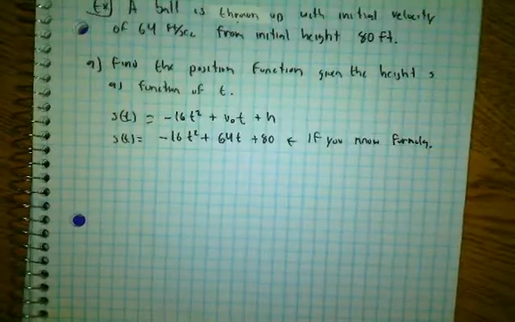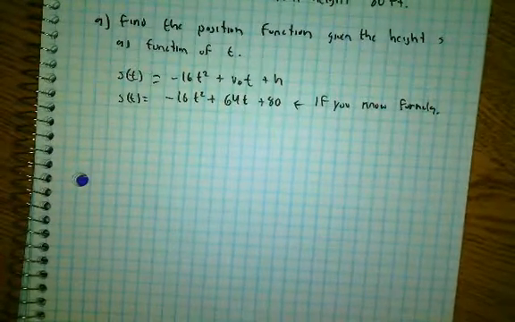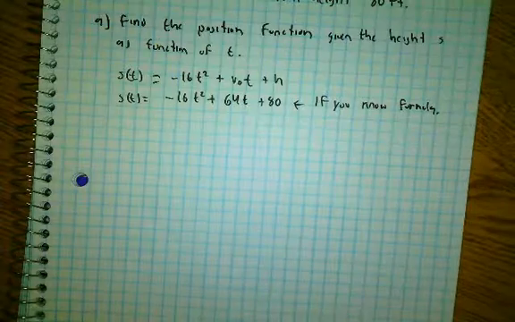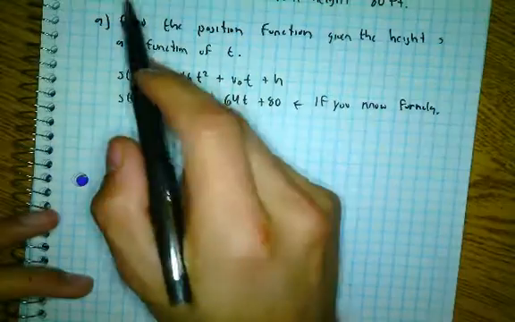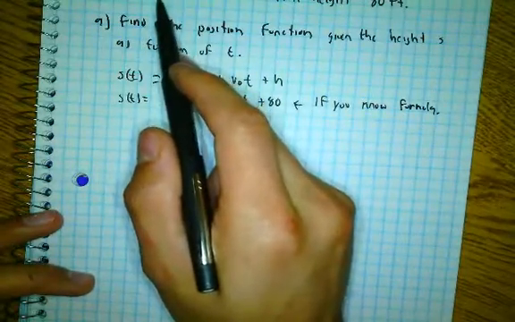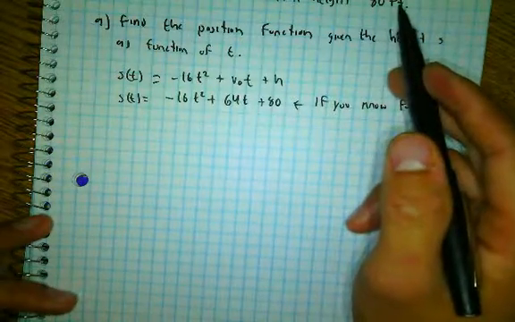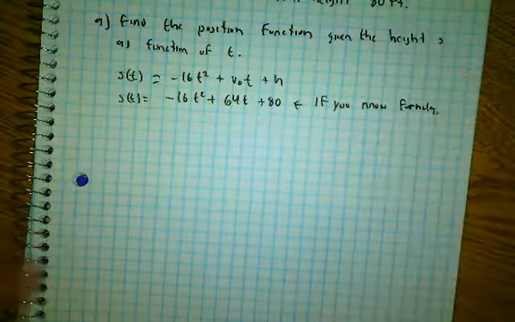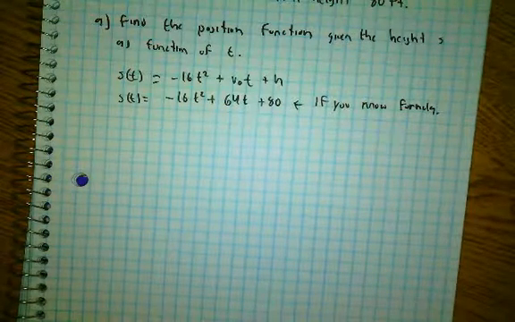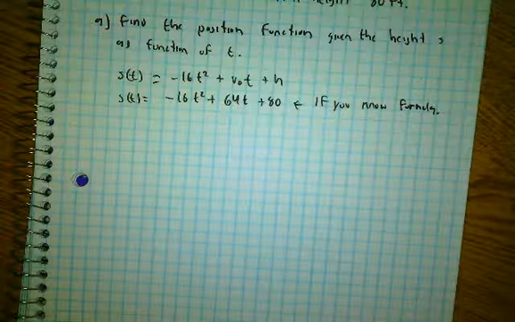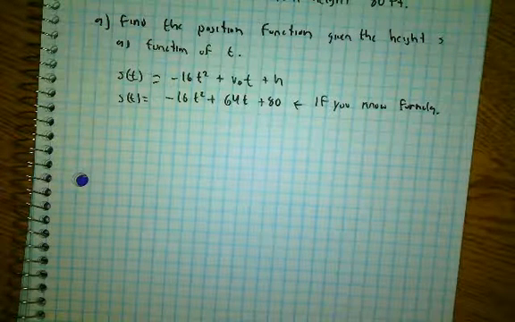So then could we say that s prime equals 64 feet per second if you wanted to, right? But specifically s prime of what? S prime of 0, right? Why 0? It's the initial velocity. Agreed?